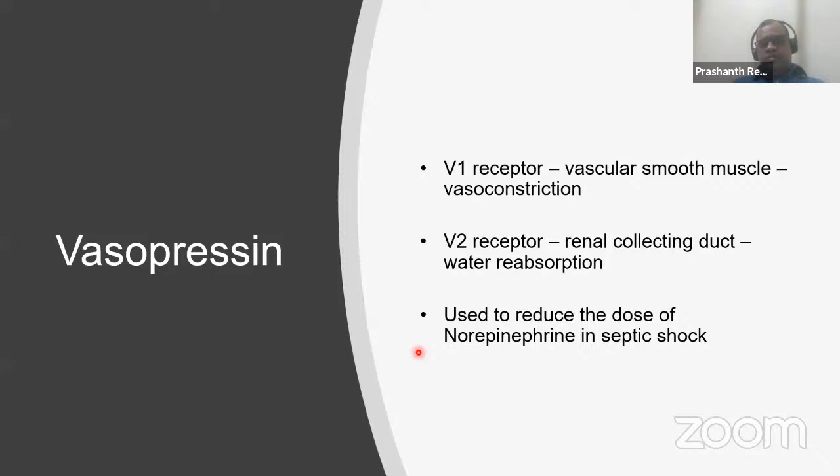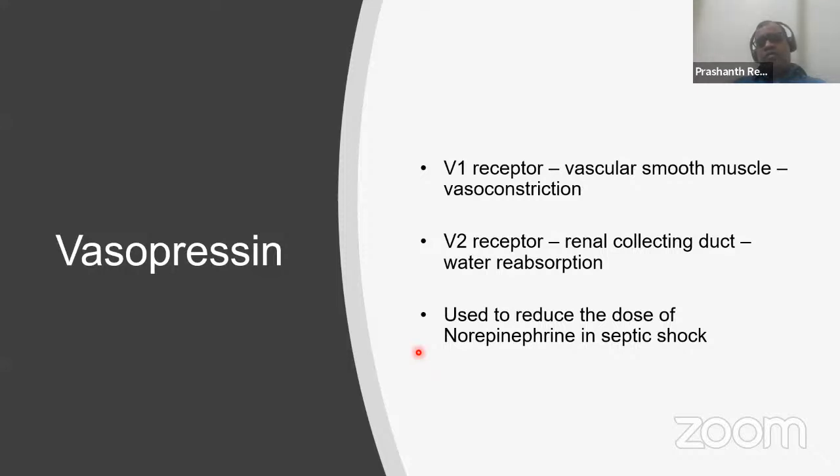Vasopressin is used whenever you don't find a response to norepinephrine, or whenever the norepinephrine dose is going very high and you want to curtail it. Vasopressin significantly has an effect on the splanchnic and renal systems, whereas norepinephrine has an effect on all the peripheral vasculature.